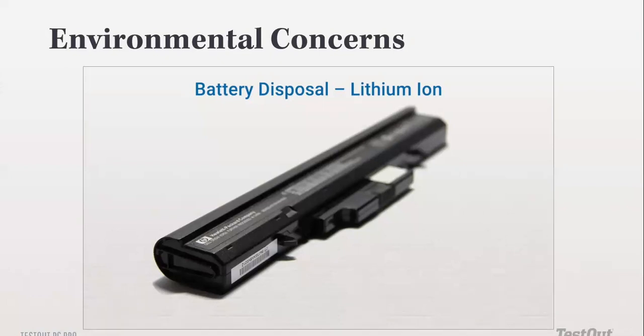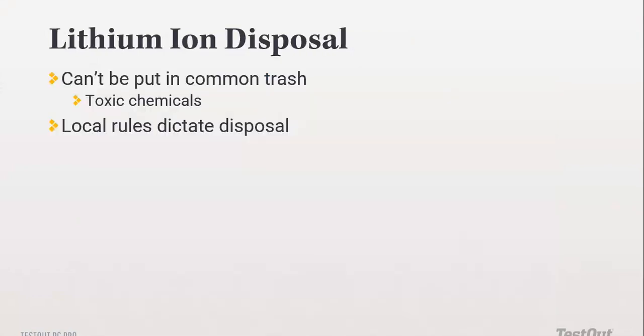You can either send them to recycling facilities or set them for disposal in some specific types of disposal units. Lithium-ion batteries cannot be put in common trash because they have toxic chemicals. As I just said, there are some special types of collection bins that will be set for lithium-ion batteries or components that have lithium-ion in them.